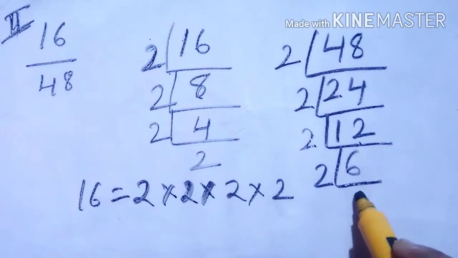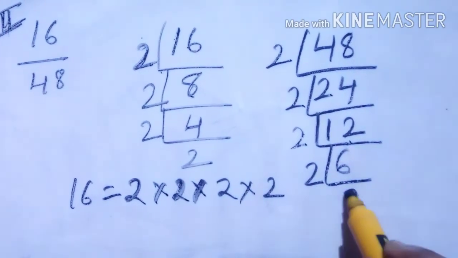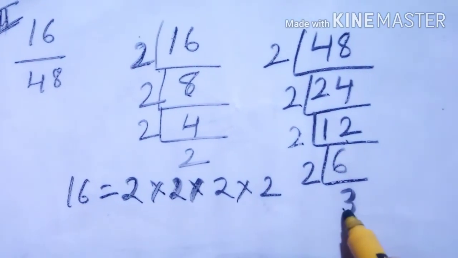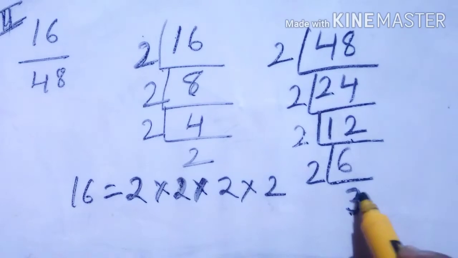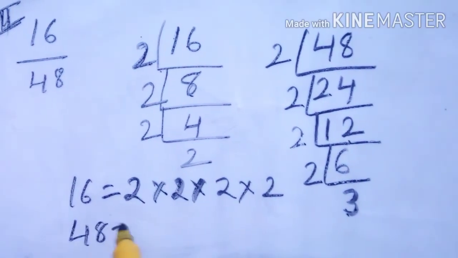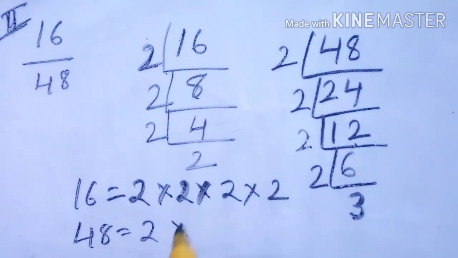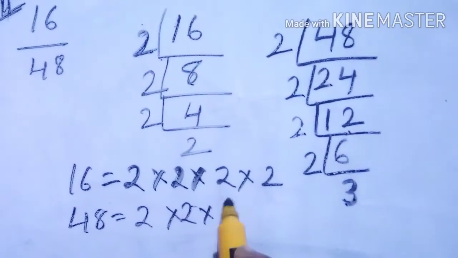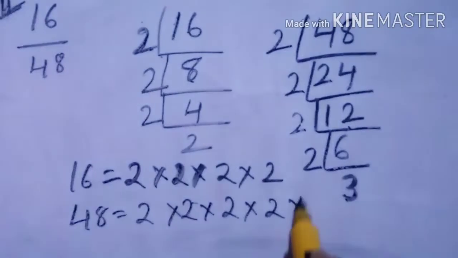This is the prime factor. After this you cannot do. So write the factors. 48 is equal to 2 into 2 into 2 into 2 into 3.